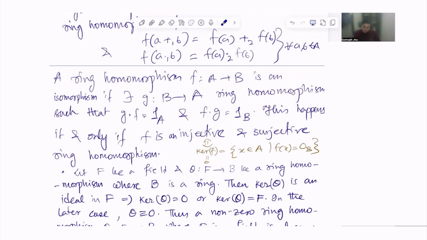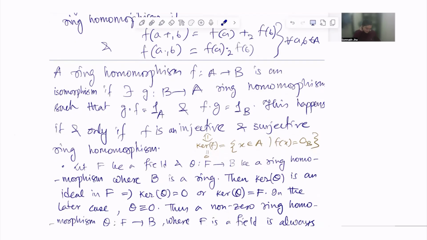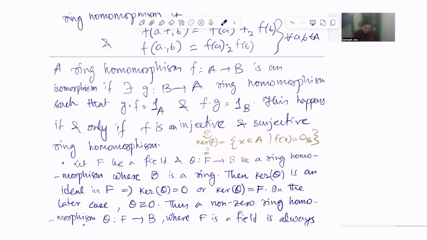There are two identity elements, but the kernel definition is still the same: 0 is the additive identity, and the kernel consists of those elements which go to the additive identity. You can check that this is an ideal. If x is in the kernel and y is any element of R, then f of x times y is f of x times f of y, so 0 times something, which will again be 0. So you can check that the kernel of f is an ideal in your ring A.